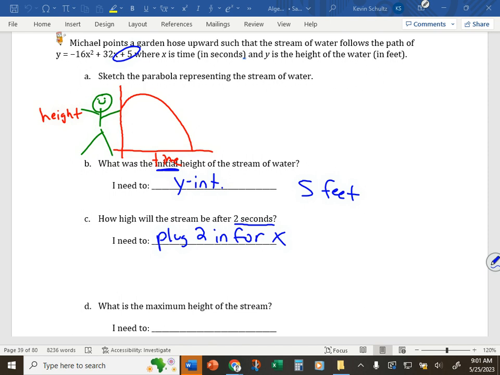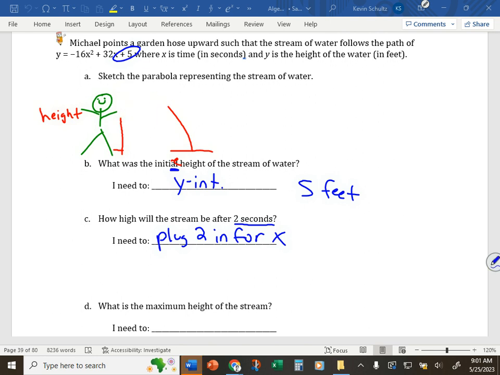Because if y represents the height and you're given the time, by plugging 2 in for x, you'll be calculating the height of the water after 2 seconds. In context, 2 seconds is right about there. We're looking for the height of the water after 2 seconds. I probably shouldn't have written that in there until we have more idea of the value, so I'll redraw this while you calculate.